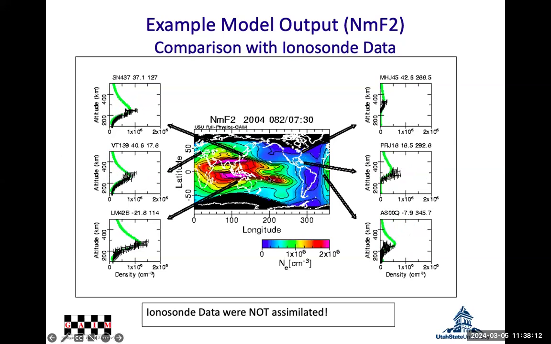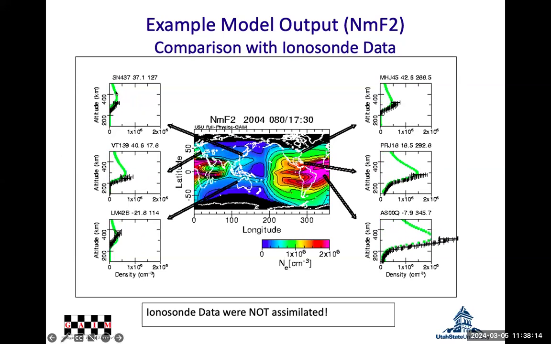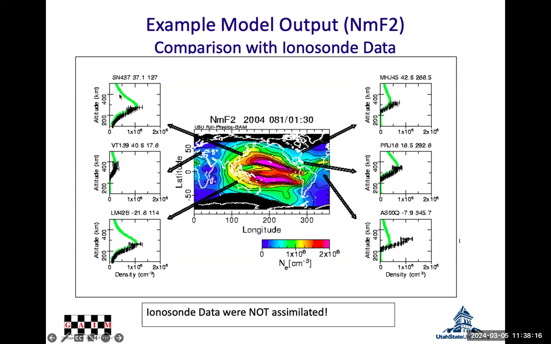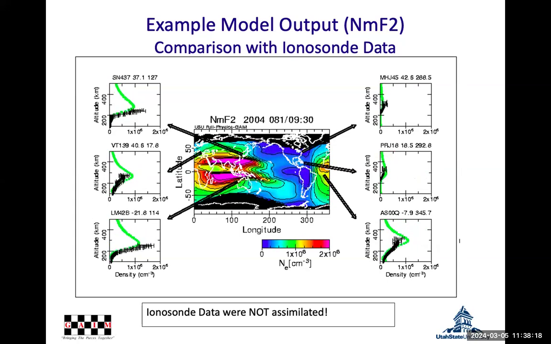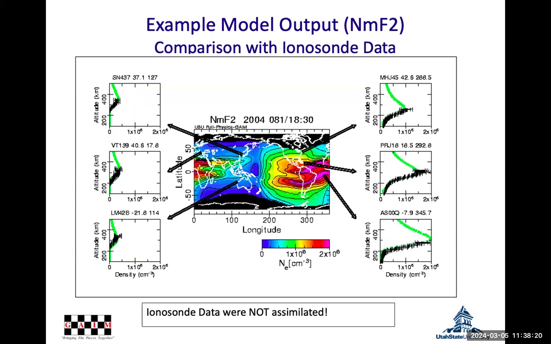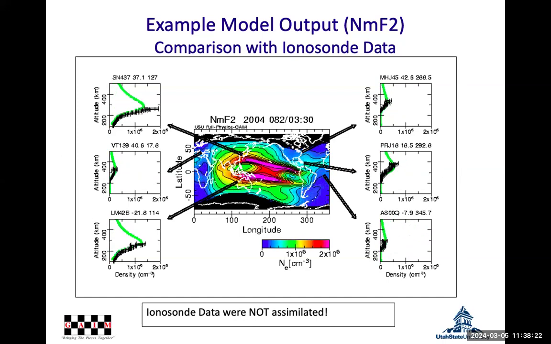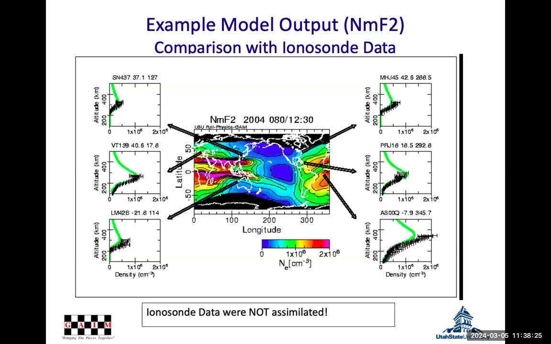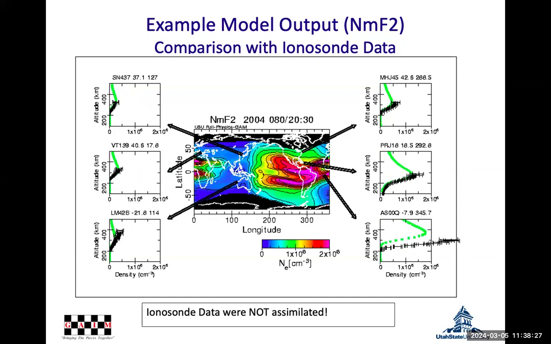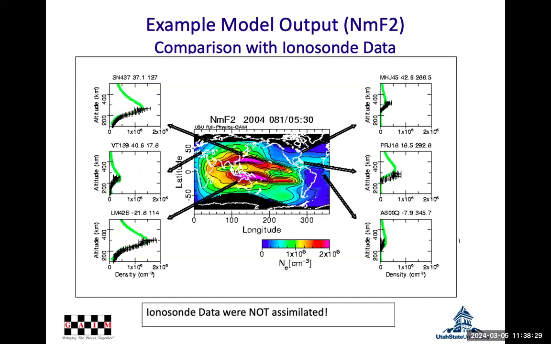The green curve is the reconstruction from the model, and you see that the model has a lot of dynamics that is also seen in the observations, and captures it pretty well in this case.